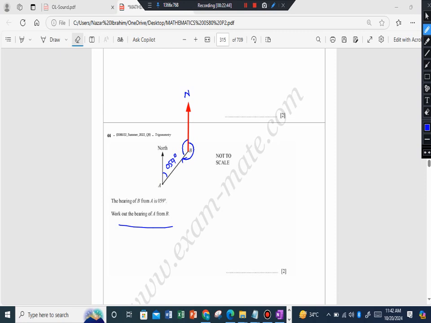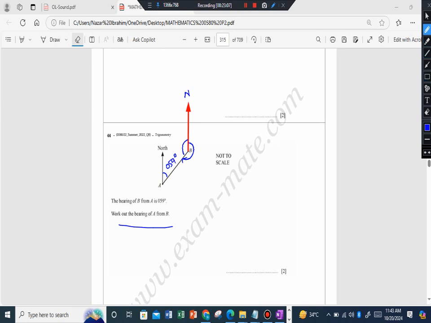And we know since these are two parallel lines, the line from A to the north and the line from B to the north, of course these two are parallel lines, so the angle between these two is supplementary, right?